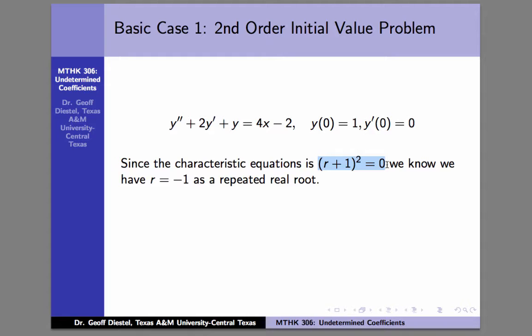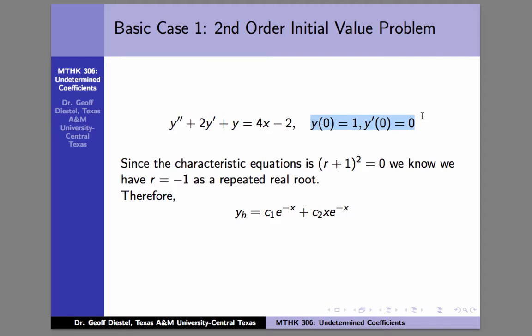So we know from this past week how to construct our solution to the homogeneous equation. Since it's a repeated root, we construct y sub h in this manner. We have an e to the minus x term plus an x times e to the minus x term. And c1 and c2 are the constants because they could be any constants we want. And those are the constants that we're going to have to determine from the initial conditions.